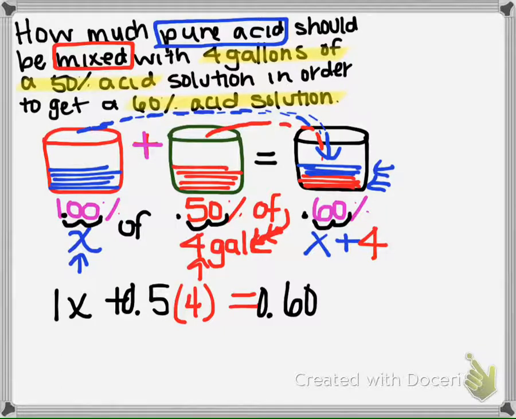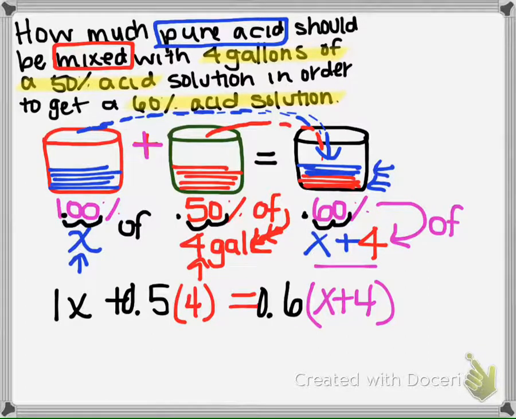And again, we don't need to have that 0 at the end here. And 60% of that amount, this amount. So that's why we're multiplying here. So now we have our equation, and now we are going to solve it. So go ahead and pause the video while you solve it.